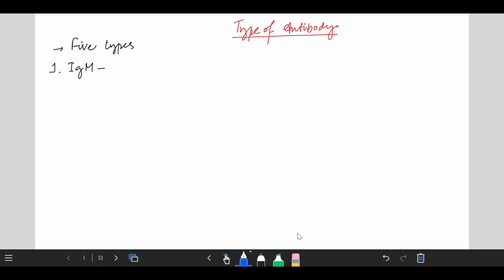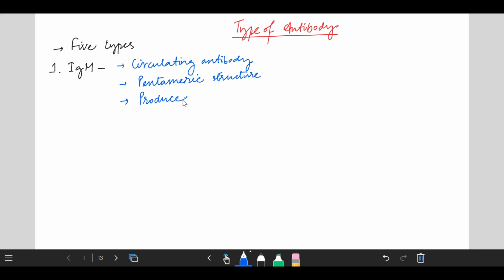It is actually produced by B cells and binds with the cell surface receptors, which activates the cell signaling pathway.